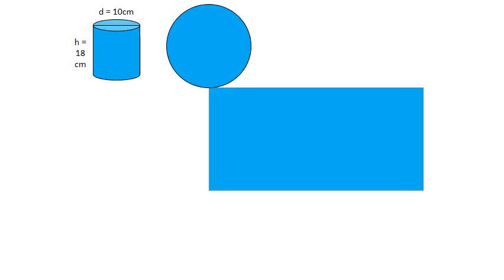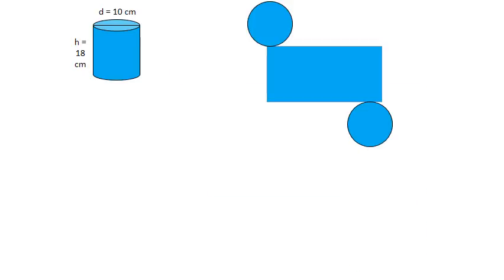If we unroll the side of the cylinder, we are given this lovely rectangle. And the bottom part is another circle, just like the circle that was on the top. So we would have two circles and a rectangle. So every single cylinder has a net of two circles and a rectangle.